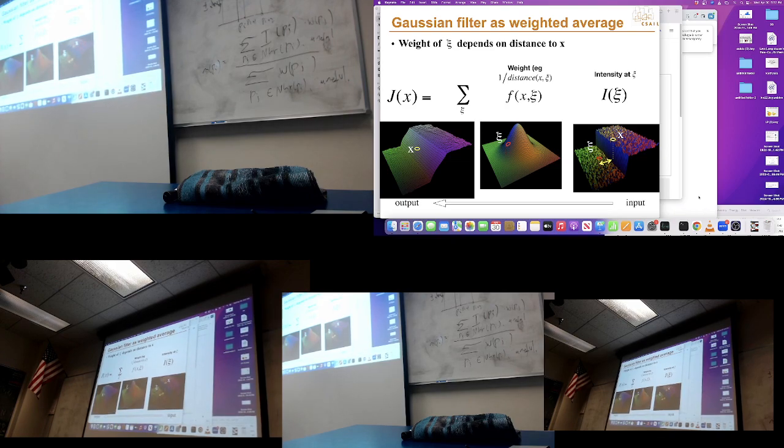So once again, what can we do? What is the new value? We sum over all the pixels next to x, at x and sigma, that's the weight, that's just a Gaussian, just to give it a function.